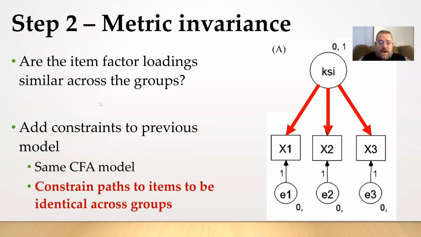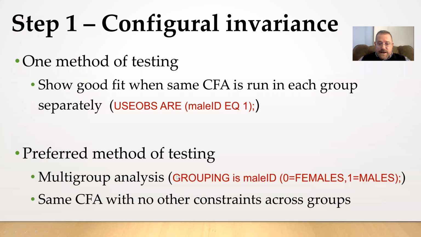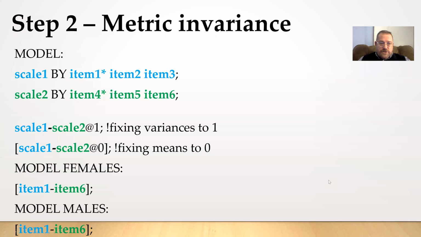So here we have started this with grouping is male, ID 0 equals females, 1 equals males. Just like we did in step 1, nothing changed about that. But now we put the model here and we form the 2 latent factors, we fix their variances to 1 and means to 0.